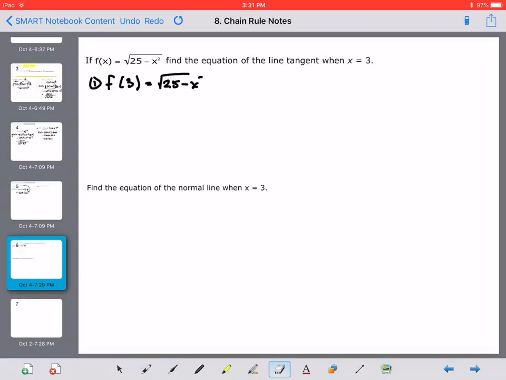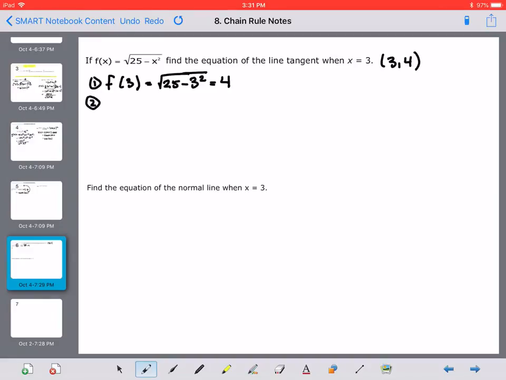Sorry, we're actually going to plug in the value, not the x. 3 squared gives us 9. 25 minus 9 is 16. And the square root of 16 is 4. So the point we're dealing with is 3, 4.